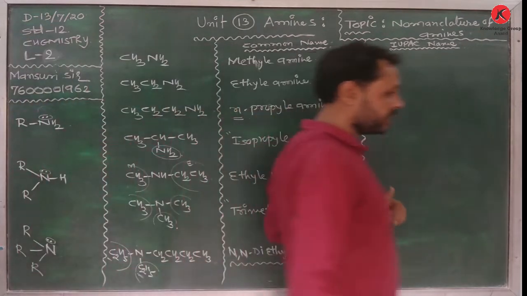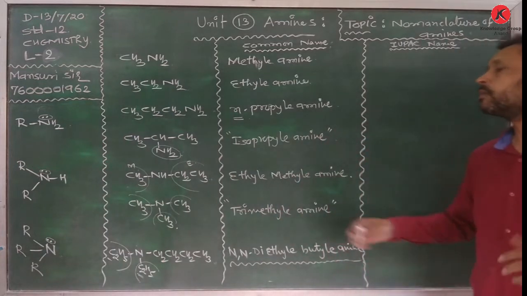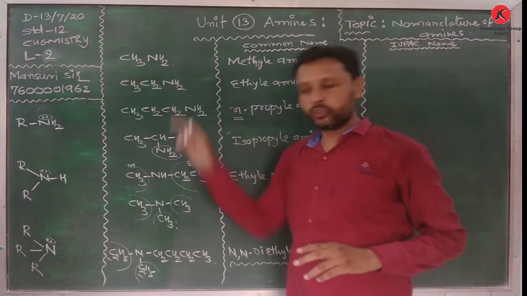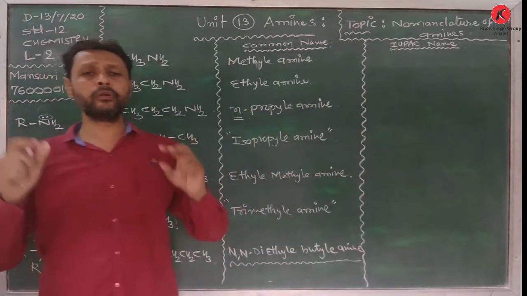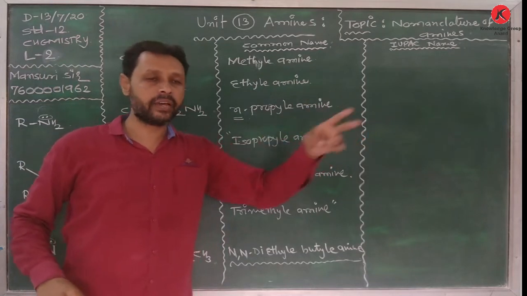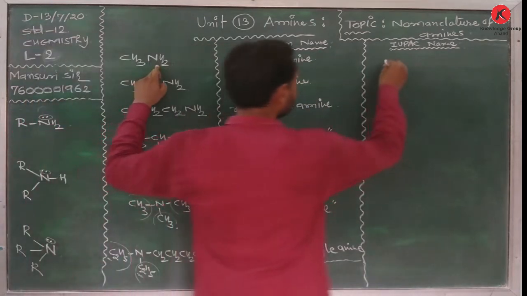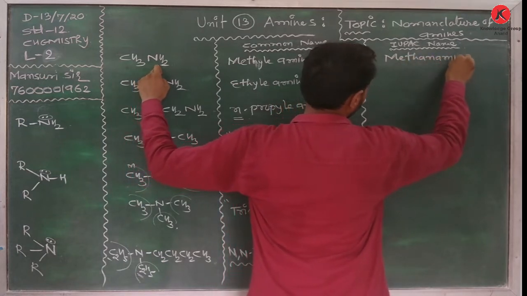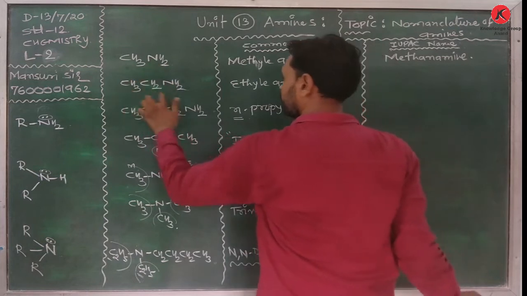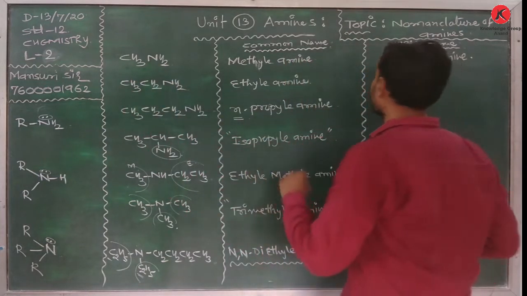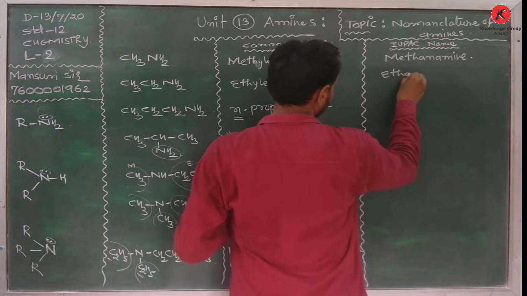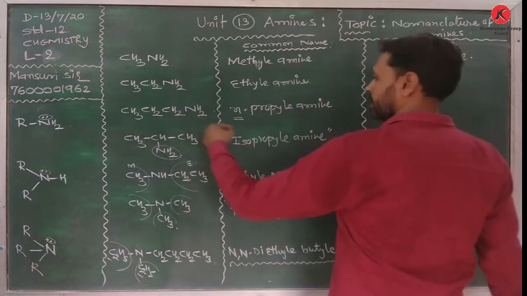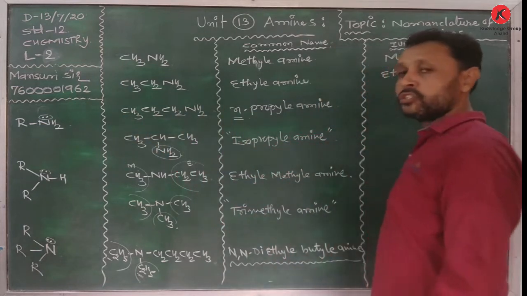Now in IUPAC name, whenever the IUPAC name is to be made, we have to use the word "anamine". Methanamine. This has 2 carbons, that is why ethanamine. Here 3 carbons, that is propanamine.